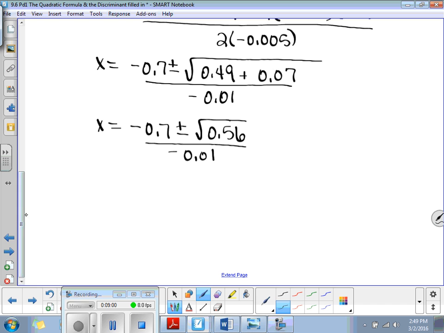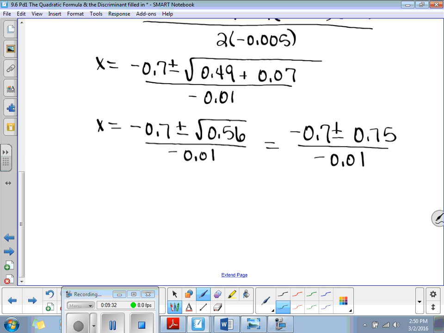And so I've got x, I'm going to write it over here, negative 0.7 plus or minus, and let's round it to the nearest hundredth because we have hundredths in our problem. So it's going to be 0.75, all divided by a negative 0.01. Okay? And now I can separate it into the addition and the subtraction.